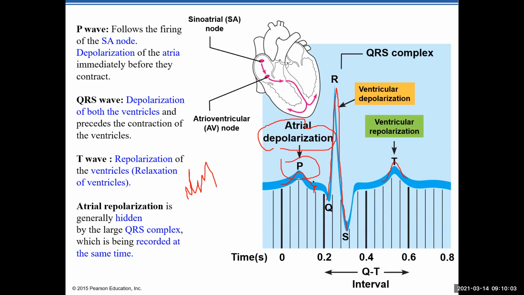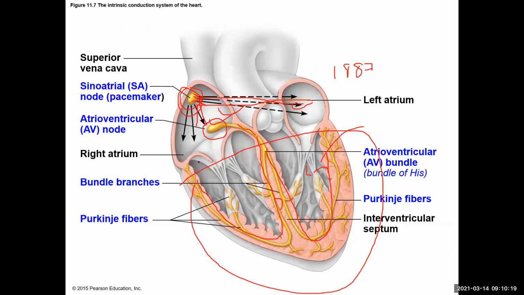Reason number one is its low intensity, knowing how small the atria are. Point number two is that right after the atria contract, the ventricles have to contract.